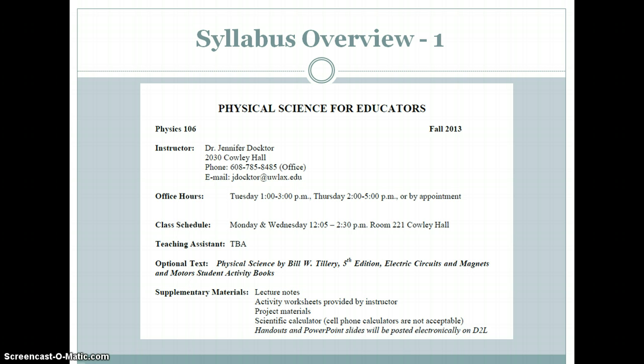All of the curricular materials we'll use will be provided to you as handouts in class or also in electronic form on D2L. But you'll see that there are some supplementary texts available in the bookstore for rental if you want to have an additional resource. You'll also need a calculator, and note that cell phone calculators are not permitted during quizzes and exams.